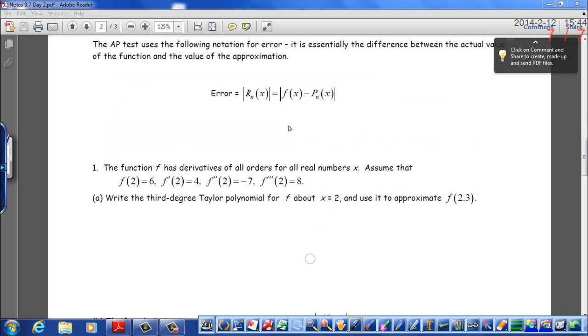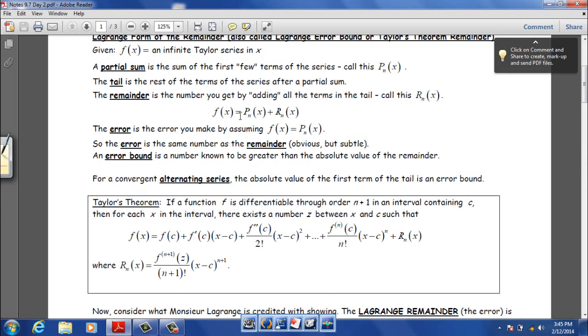All right, the AP test uses the following notation for error, and it's essentially the way that they represent the error. The error is the same thing as the remainder, but the remainder is the actual value of f of x minus your approximating value. And that makes sense from what we started with back here, that f of x is equal to the approximation plus the remainder.